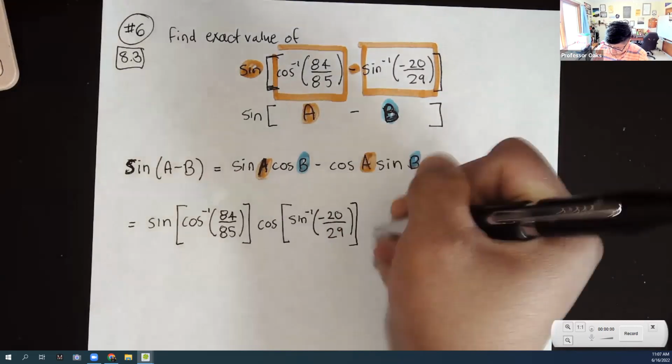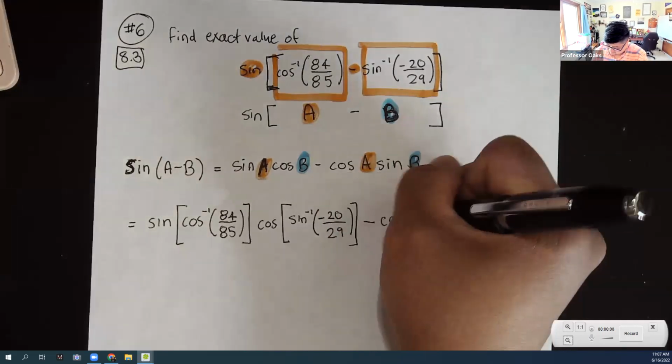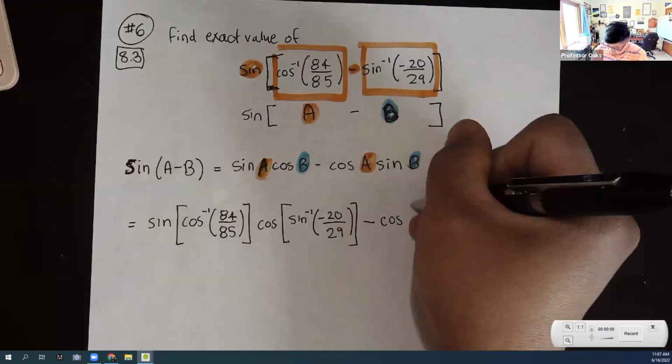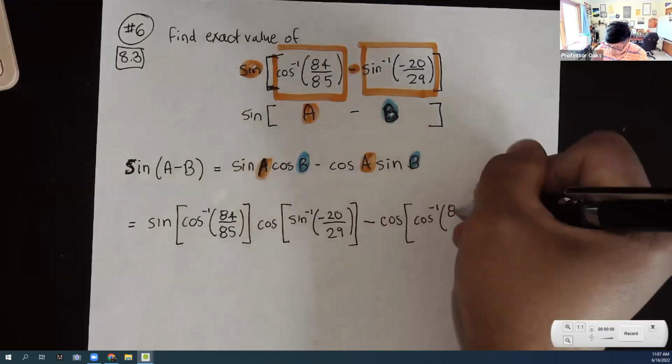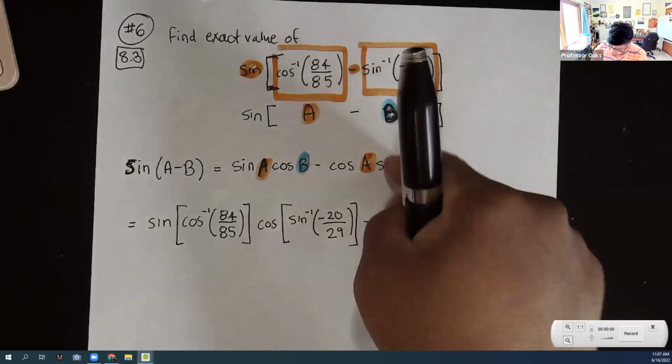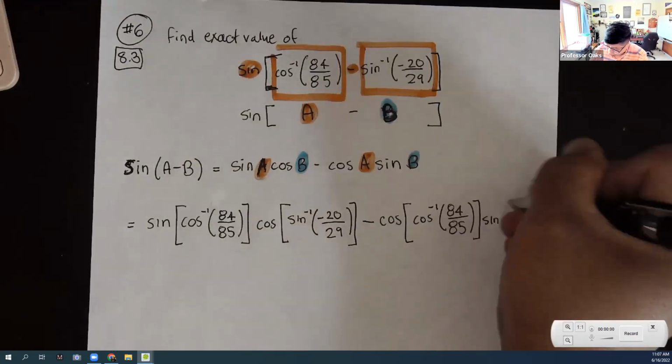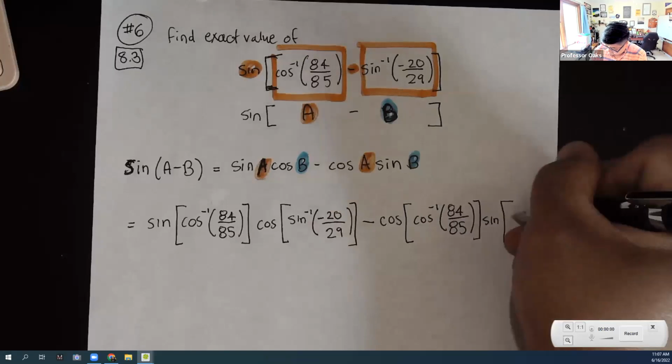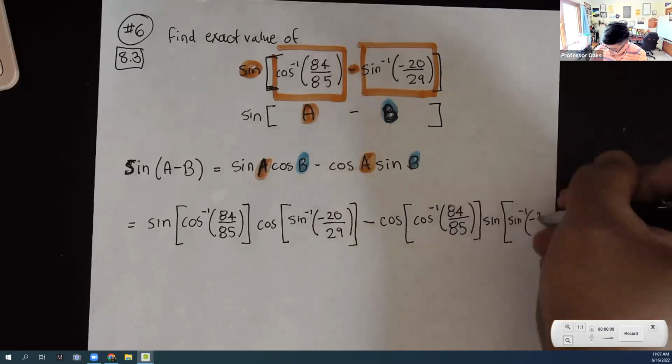And then we have minus cosine of A, which is cosine inverse of 84 over 85. And then we have sine of B, which is sine inverse of negative 20 over 29.